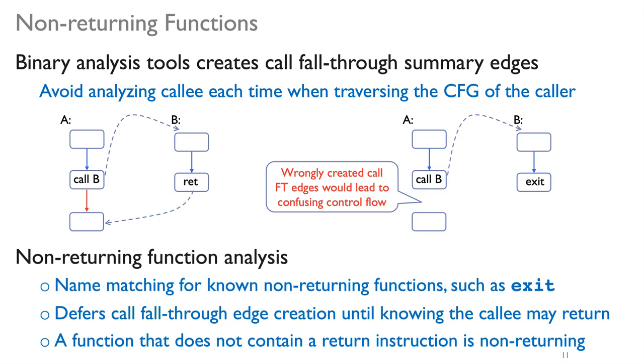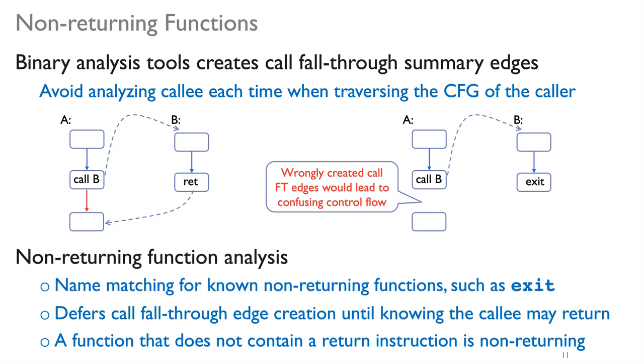Function B will terminate the program execution, thus the function call to B inside A will not return to this call site. It is important to not create call fall-through edges in such cases, as wrong edges will lead to confusing control flow. Existing non-returning function analysis performs name matching for known non-returning functions such as exit, and defers call fall-through edge creation until knowing the callee's return status.